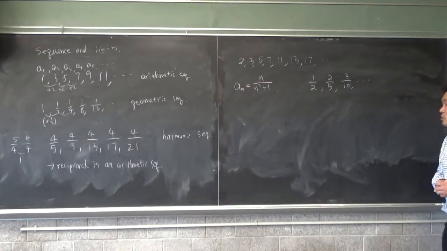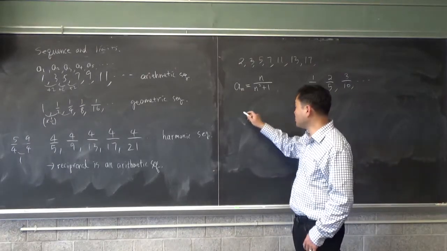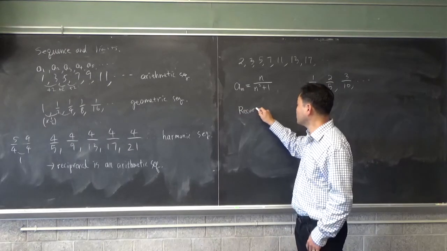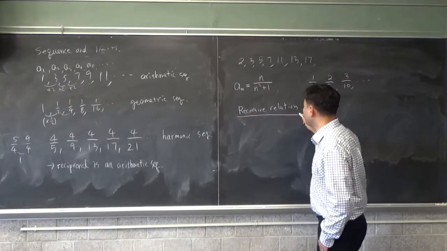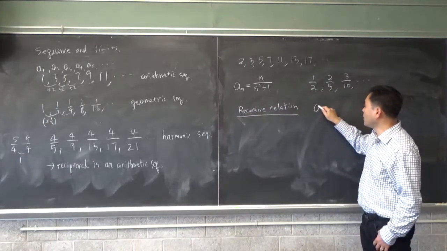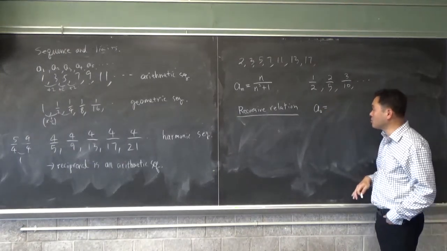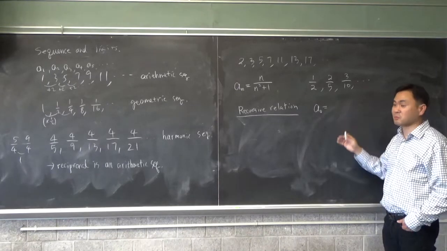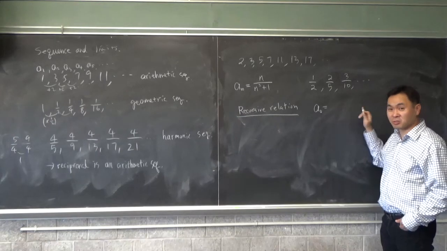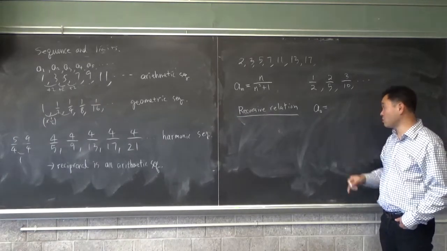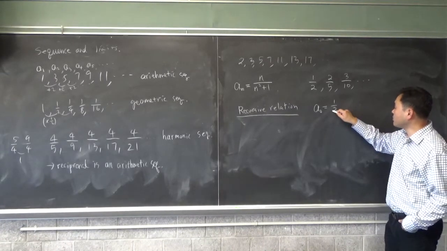Another type of definition of a sequence is a recursive relation. Here's an example. You might have a0. By the way, you can start from a0 too. You don't always have to start from a1, or sometimes you can start from a3, a4, it doesn't matter. All you are required to do is that the indices must be integers. So a0, let's say, is 1/2.